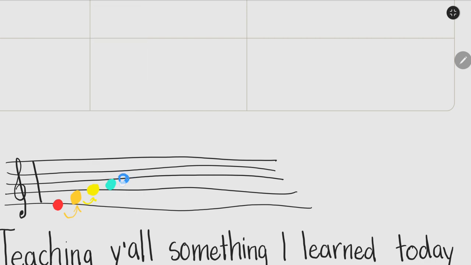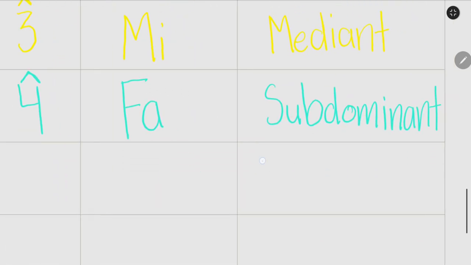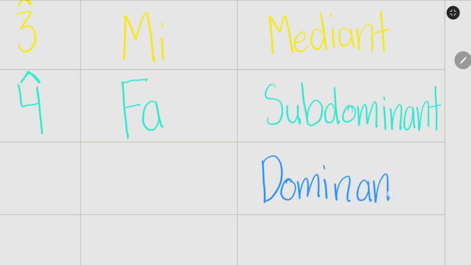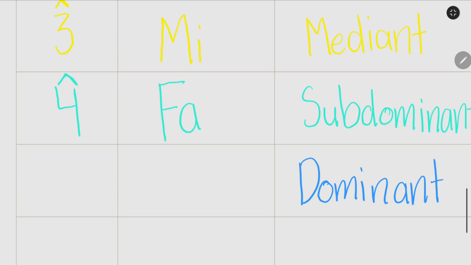So this is where our dominant is. And you see how this is below the dominant. So that's why it's called subdominant. So we already know that this is the dominant then. And this is number 5.